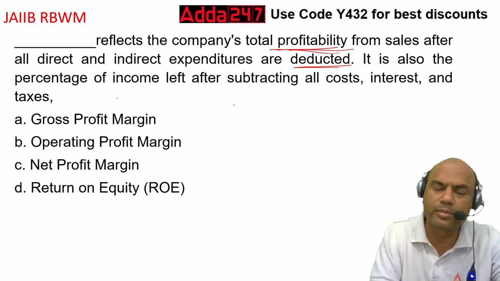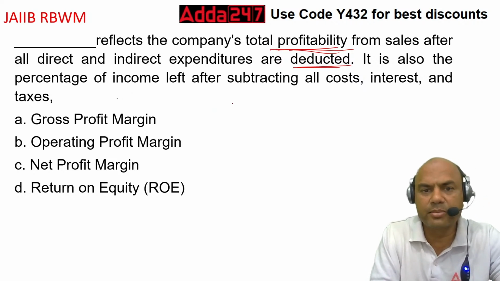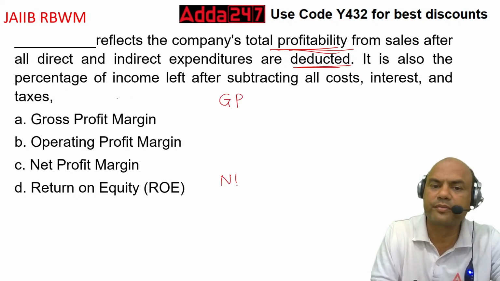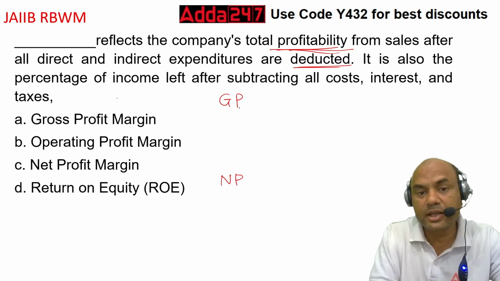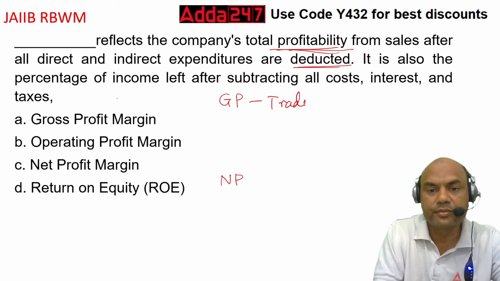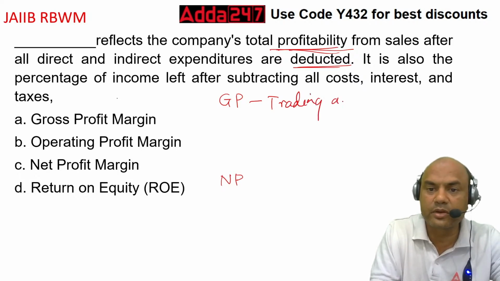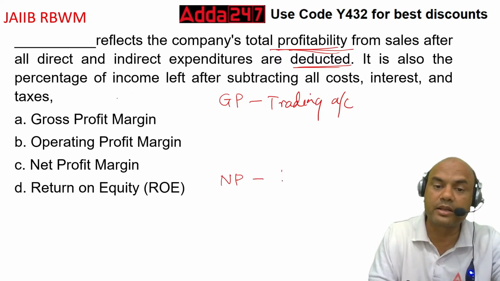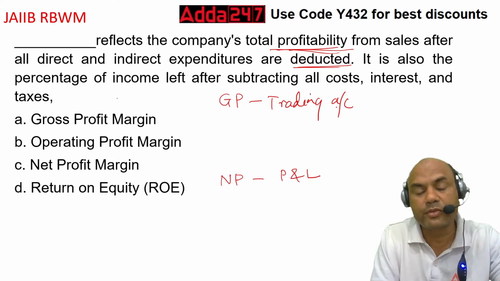Understand this. There are two parts in this. Every company has two profits. One is GP, gross profit, and second is NP, net profit. Okay. GP comes from where? It comes from the trading account. This is a part of your accounts. Okay. And net profit comes from where? Your P&L account, profit and loss. Okay. In gross profit, what do we have?